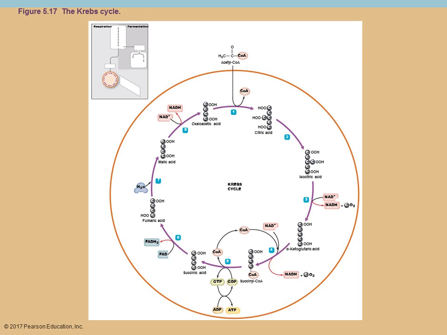Now we have another step where in comes the NAD. It's going to remove another pair of electrons, leaves as NADH. You also are going to cut off another CO2. So it leaves. So now you're left with a 4-carbon compound. You also had coenzyme A come in and attach to that 4-carbon compound, leaving you with succinyl-CoA.